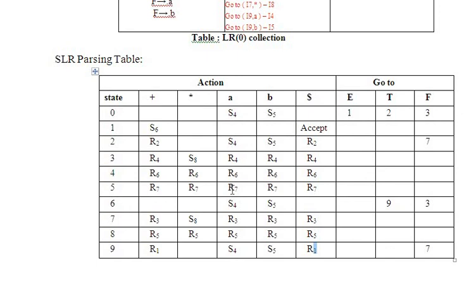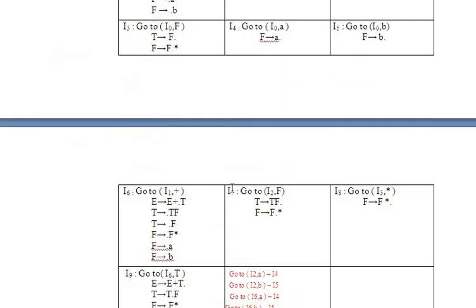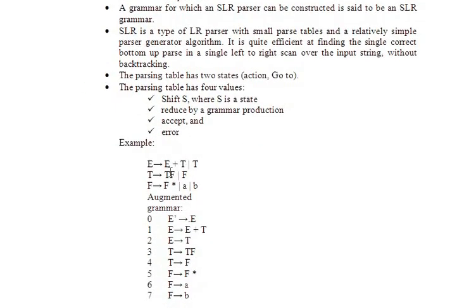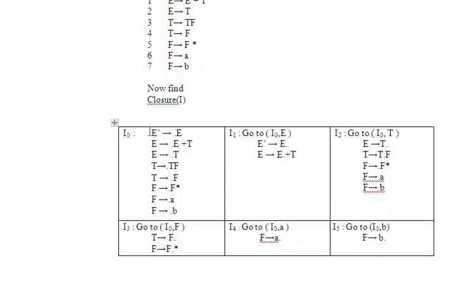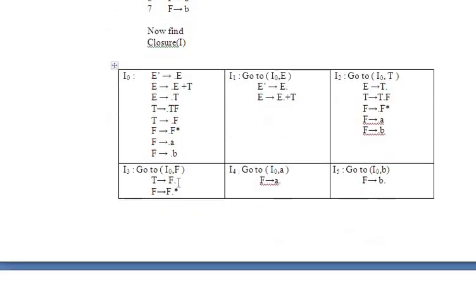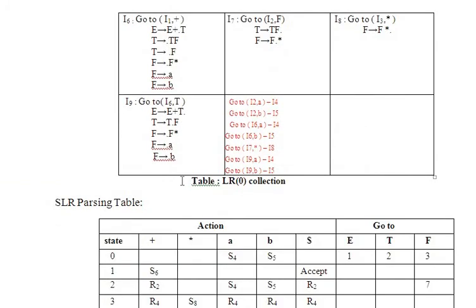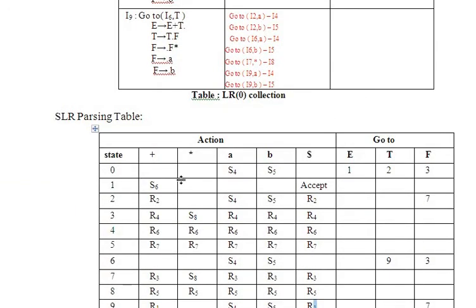In your exam, if there is any grammar, according to that grammar you have to draw the LR0 collection and SLR parsing table. First you have to convert the given grammar into augmented grammar. Then you have to find the closure of I. After finding the closure of I, you have to draw the SLR parsing table. In the SLR parsing table there are mainly two parts, action and goto.